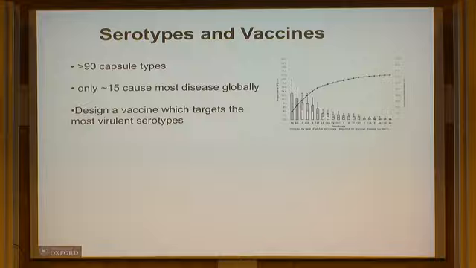So if you look in a population and look at the proportion of invasive pneumococcal disease that can be attributed to these different capsular serotypes, you will notice a very strong overrepresentation of a certain set of capsular serotypes.